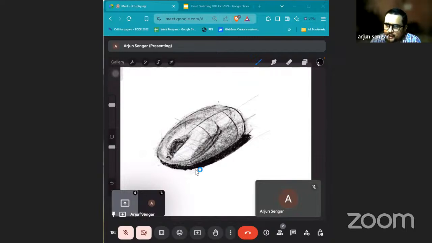This is how I developed my mouse out of nowhere. The thing was basically I was revising. I started hovering my pencil, because a mouse is not going to look like this, in a square shape. It is going to look something round.